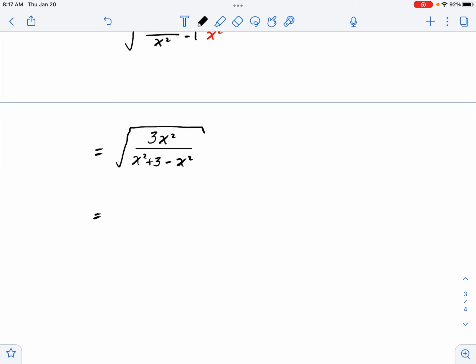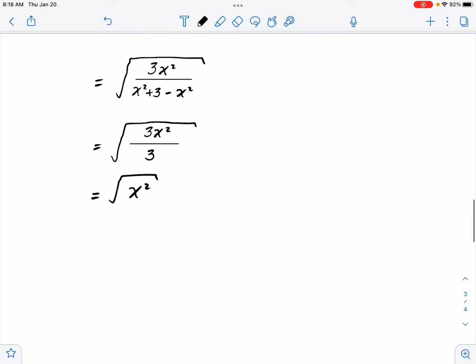And so working this out, I get 3x squared all over, the x squared minus x squared will cancel, all over 3. And so I get the square root of x squared, and that is going to be x.